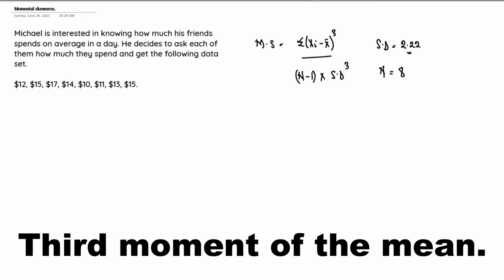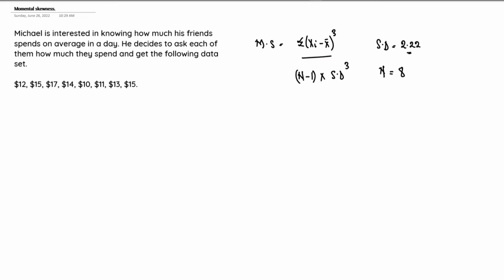For us to get the third moment, we need to get the mean. The mean is the sum of all the variables in our data set divided by the size. So our x bar is going to be equal to 12 plus 15 plus 17 down to 15 divided by 8. I am going to be using my calculator to do that right now.